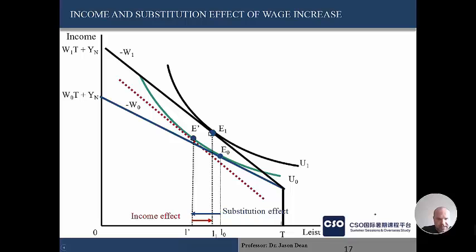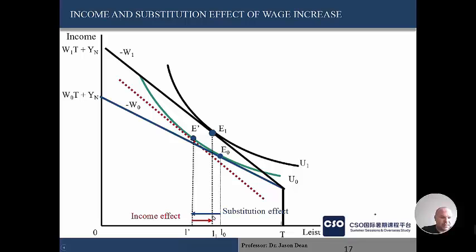We can clearly see that the income effect, which we know reduces work effort and increases leisure because we're assuming leisure is a normal good, takes us from L prime to L1. So the overall net effect is that the amount of leisure is reduced from L0 to L1, and the substitution effect is larger and dominated the income effect.